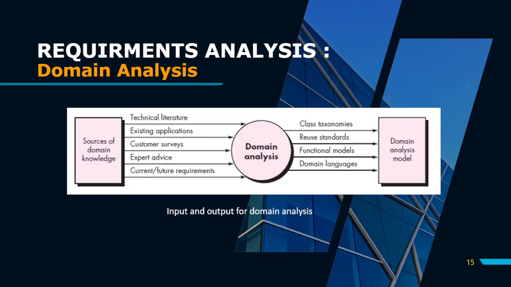These are a few inputs and outputs for the domain analysis. The inputs include technical literature that comes from the requirements analysis and existing applications. If there are any existing applications in the particular domain, those are also very helpful. Likewise, customer surveys and expert advice, and current and future requirements help to analyze the domain.